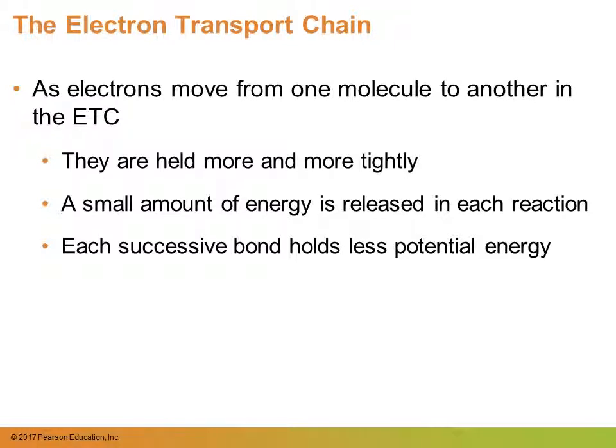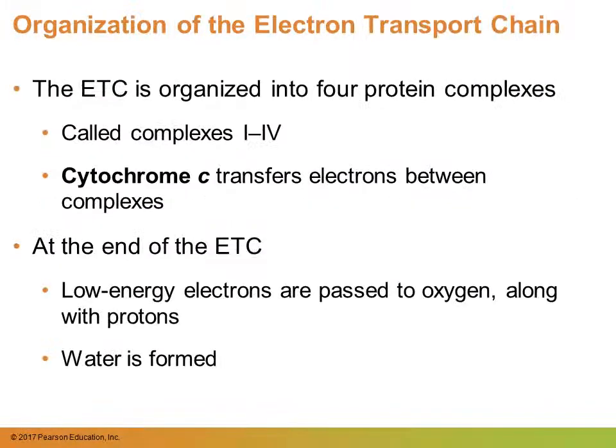And as they move, it's like a chain, this chain of molecules. And as the electrons move along this chain, they start to slightly use energy. In other words, they go from high potential energy to less potential energy.